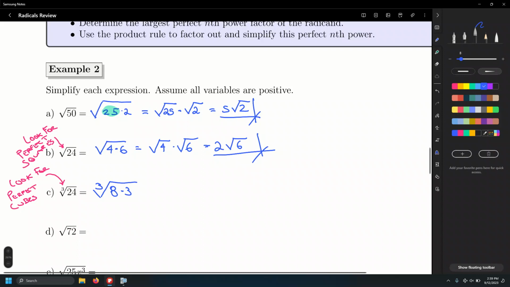There's another way to write down the 24, like I believe it's 2 times 12, right? But that's for sure not going to work for either B or C because neither 2 nor 12 are perfect squares. So now let's go backwards and write the radical of the product as the product of the two radicals.